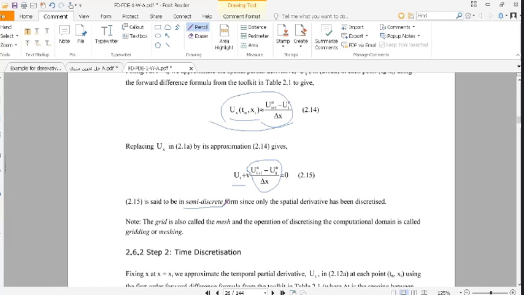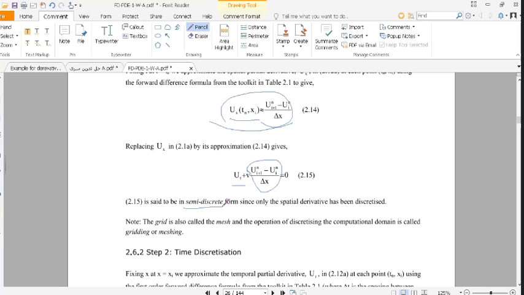But when we replace ut by using a finite difference approximation, such as forward, backward, or central, we have the discretization form of the PDE.